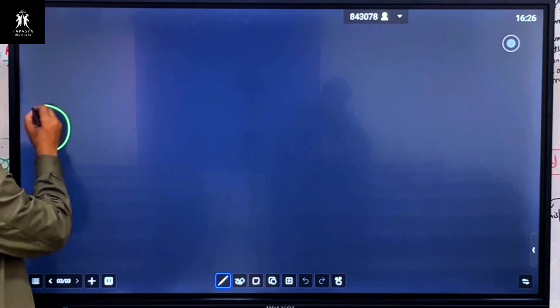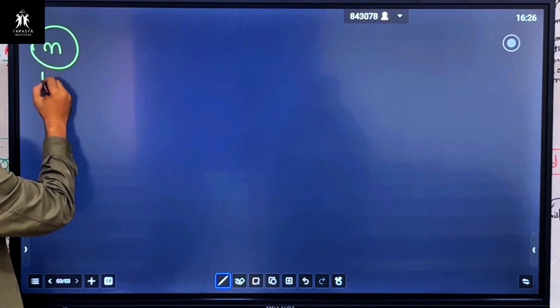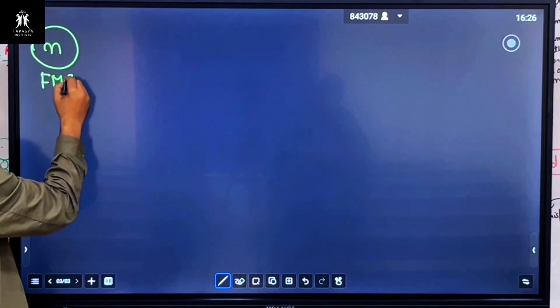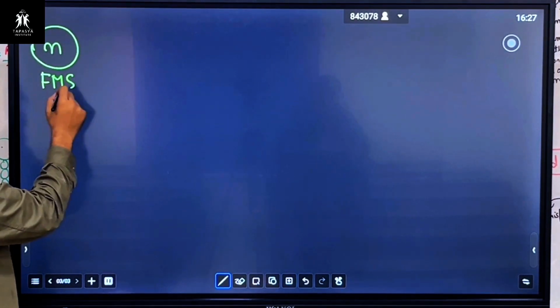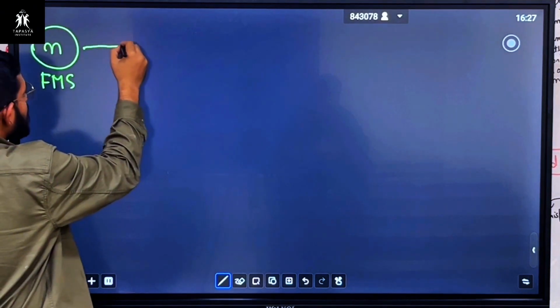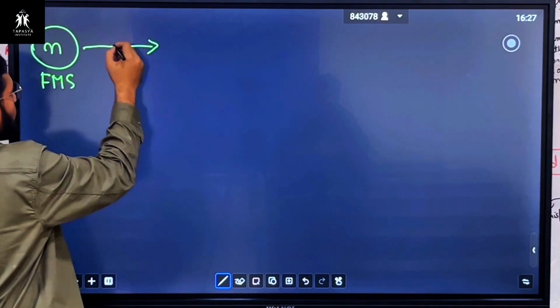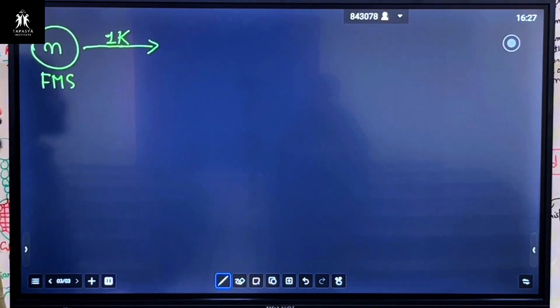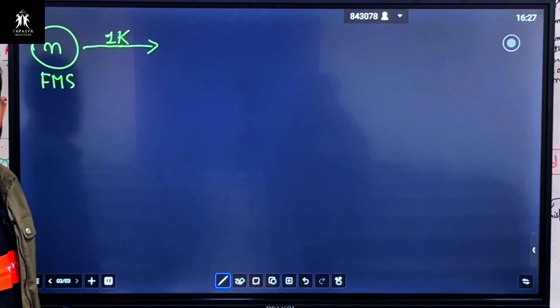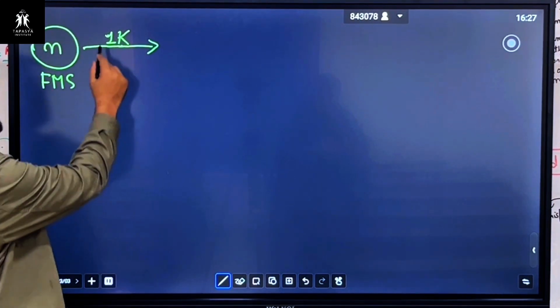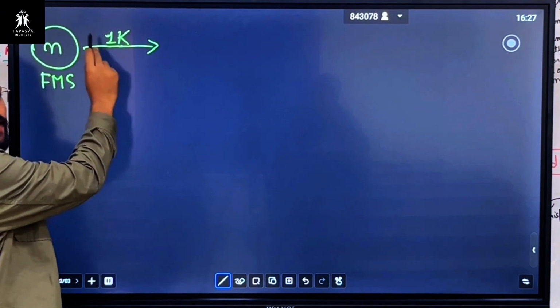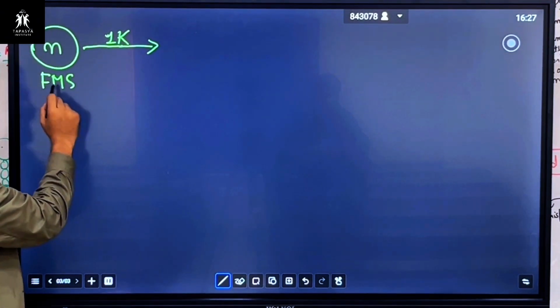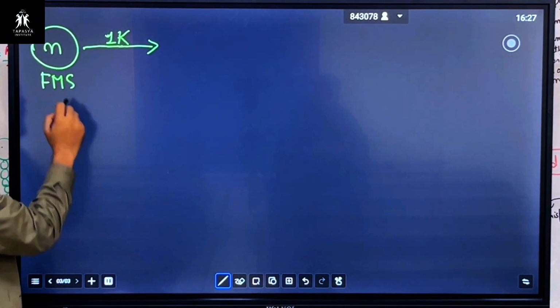Now this N functional megaspore I am writing in short form. This is your functional megaspore. It will go into first karyokinesis. 1K means first karyokinesis, and this FMS is your functional megaspore.